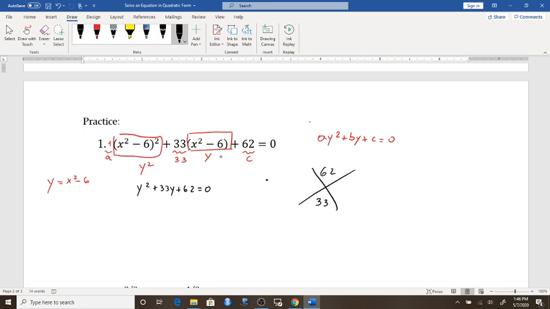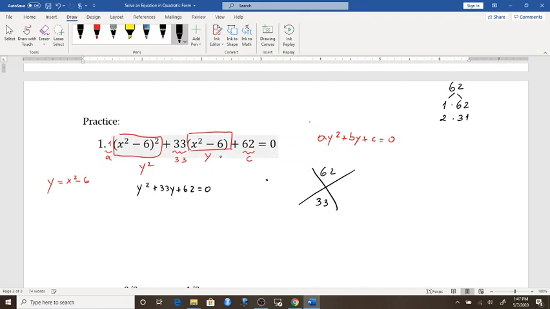Okay, so we need two numbers whose product is 62 and whose sum is 33. In order to see if these two numbers exist, we can start with 1. 1 times 62 is 62, but I can also factor it as 2 times 31, right?